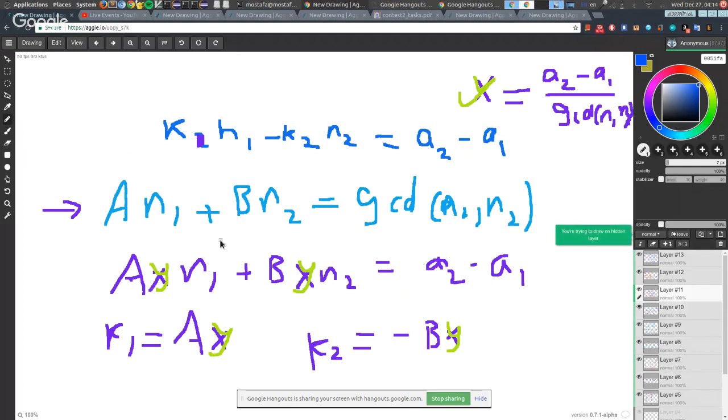So here, in order to solve this, like when we were explaining the modular inverse, if we divide this equation by this GCD, we end up having A n1 over R plus B n2 over R equal to 1.